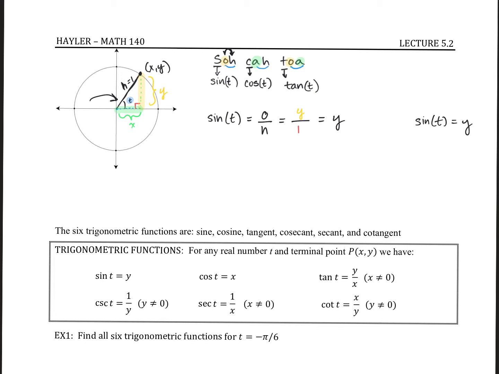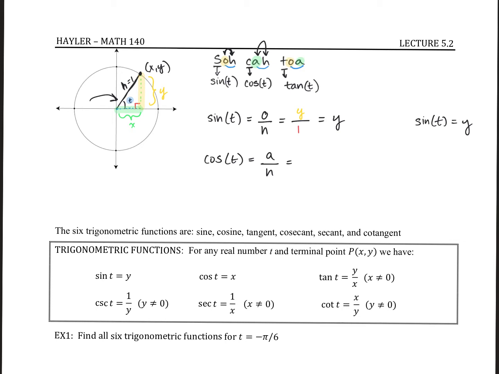Now let's figure out cosine. So cosine of t, what do our directions say for SOHCAHTOA? It says adjacent over hypotenuse. Well, what is the adjacent value? That was the x value, the green value.